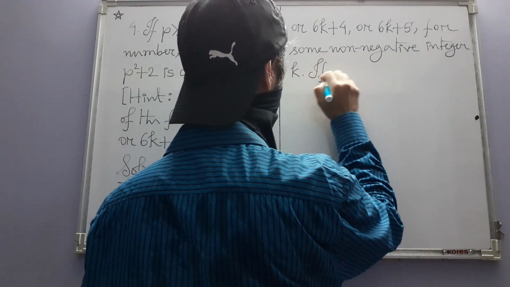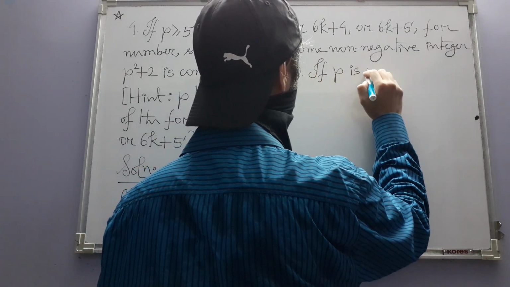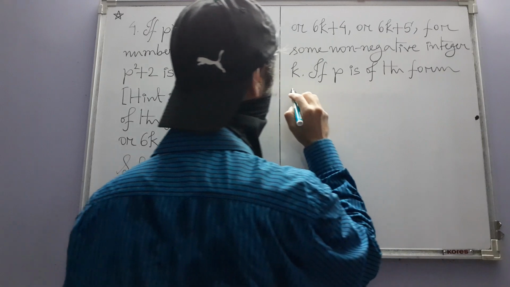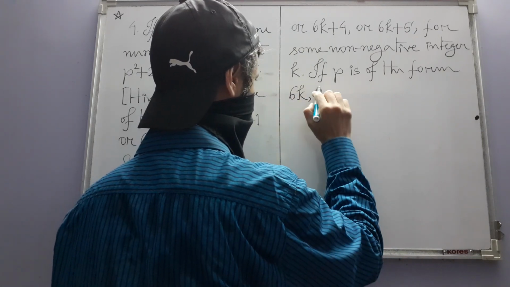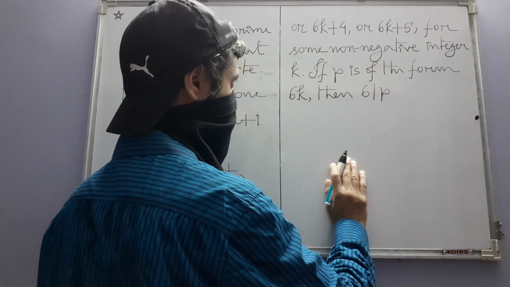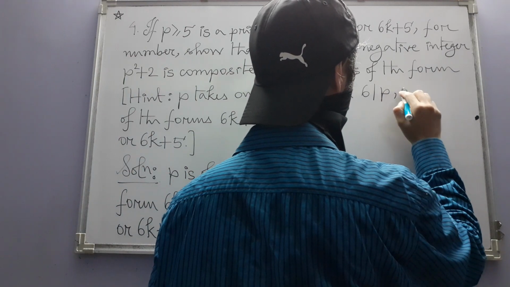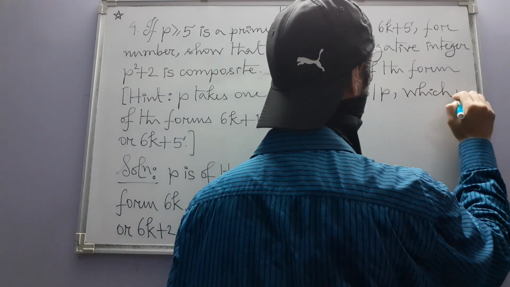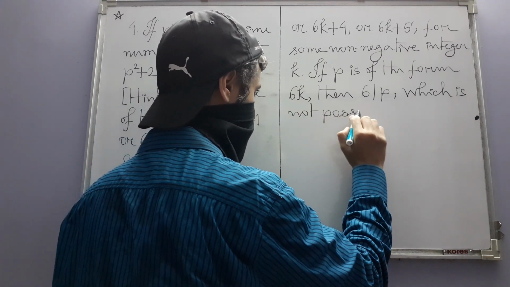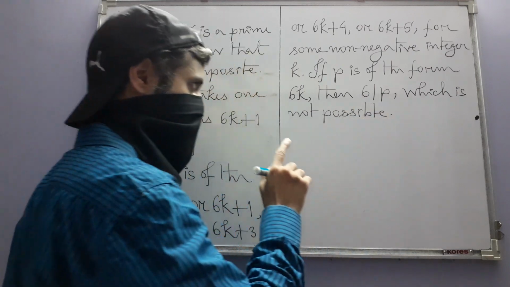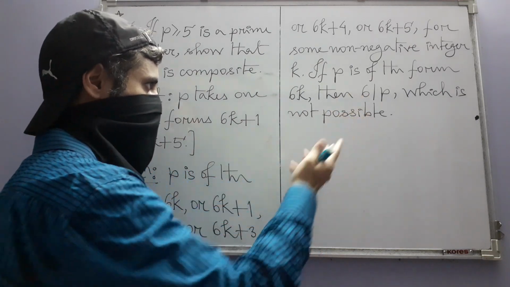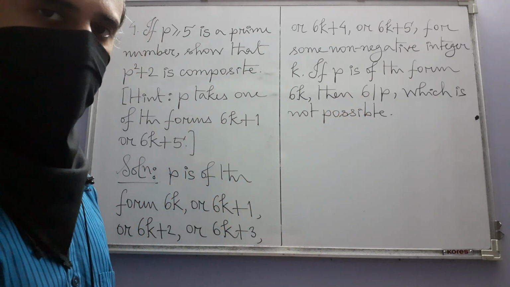If p is of the form 6k, then 6 has to divide p, which is not possible, because the only positive divisors of p are 1 and p itself, and 6 is none of them, since 6 is composite and p is a prime.